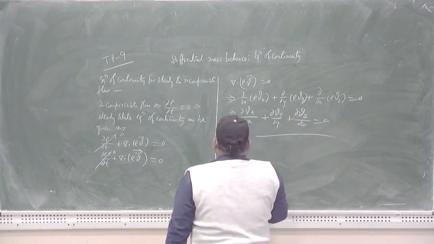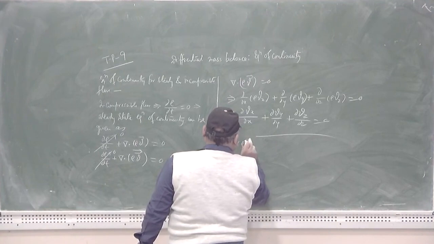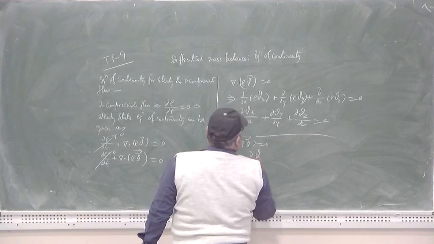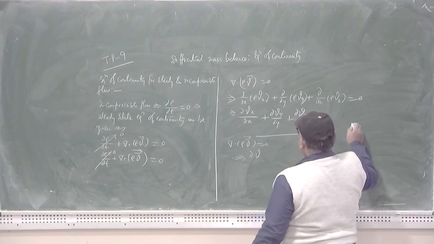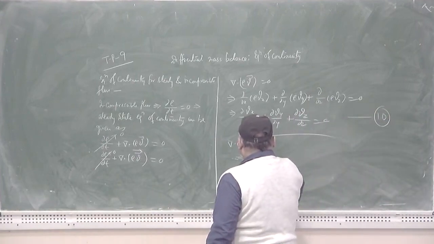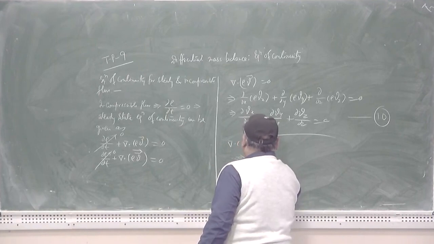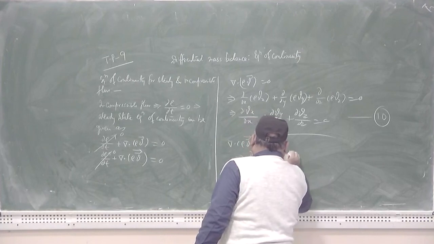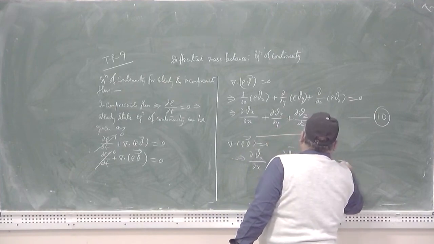Considering the second one, del dot rho average v vector is equal to 0. So, the form of the equation will be, let it be equation number 11, del vx average by del x plus del vy average by del y plus del vz average by del z is equal to 0.